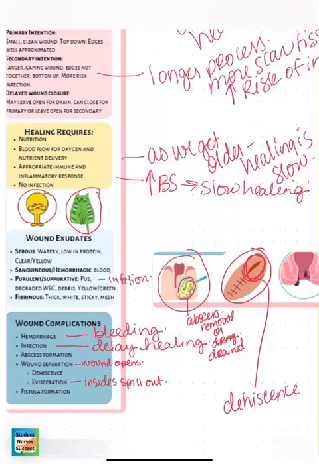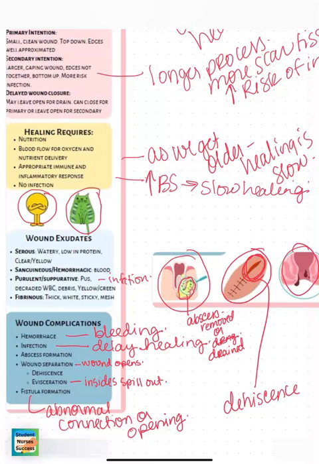And the last wound complication is a fistula formation. And that is this picture here. A fistula is an abnormal connection that shouldn't be there. And so in some cases, a wound can develop a fistula, which means that it actually communicates with another part of the body.